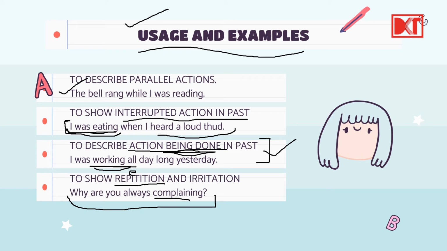So complain and ing, the past continuous form. So when is past continuous used? Describe parallel actions, to show any interrupted action in the past, to describe action being done in the past, or to show any repetition and irritation. Alright, let's move on.